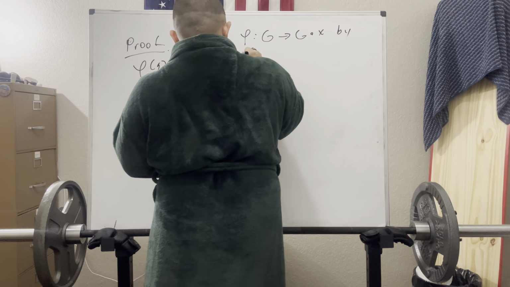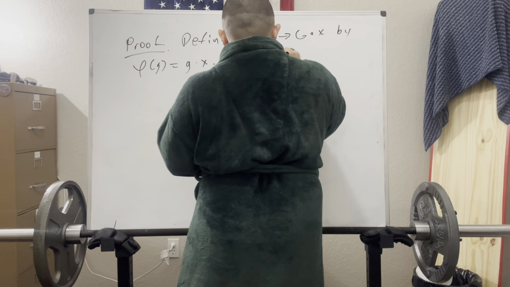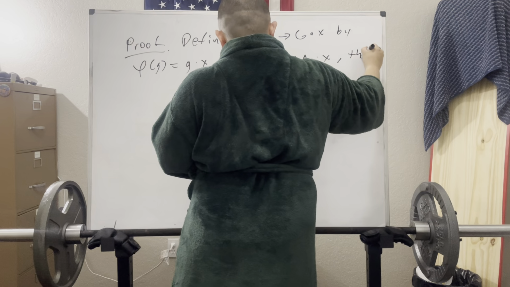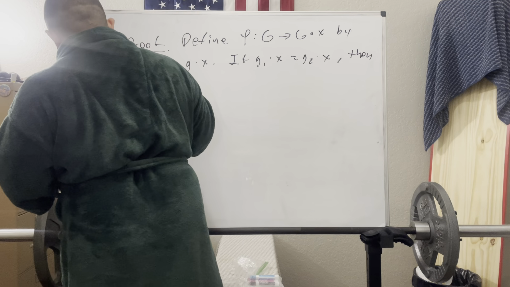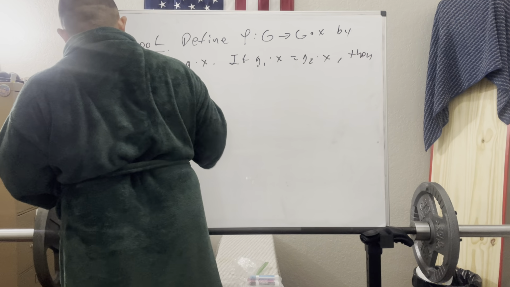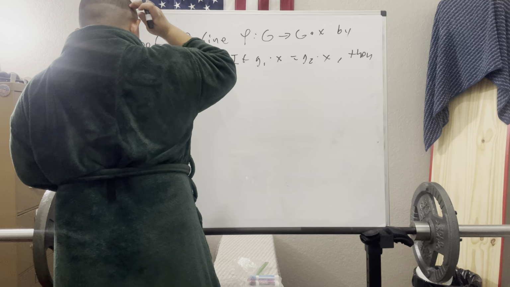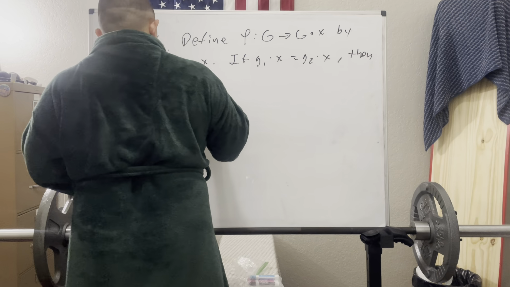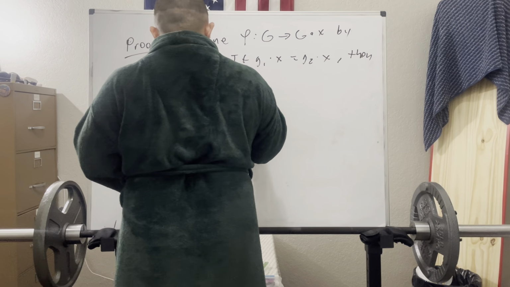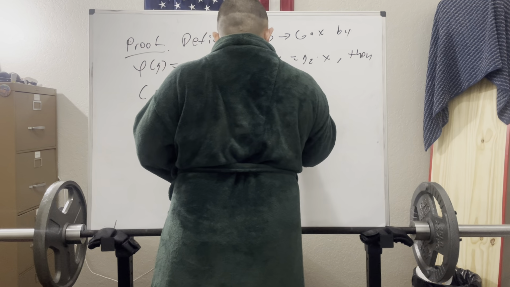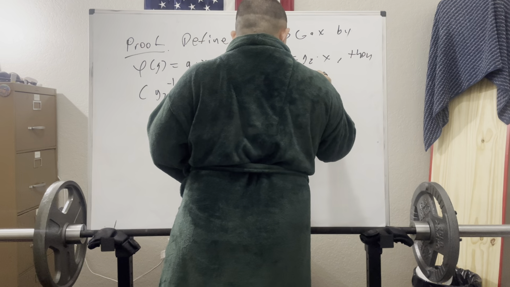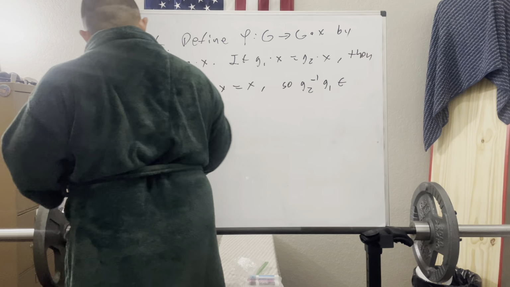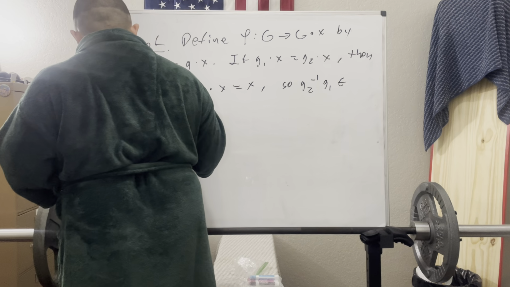If g1 operated with x is equal to g2 operated with x, then (g2 inverse g1) operated with x is equal to x. So the inverse of g2 g1 is within the stabilizer of x.